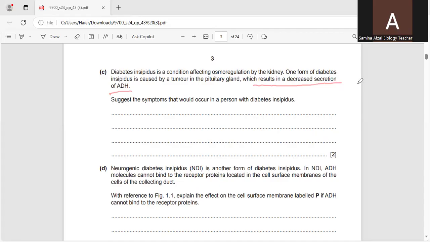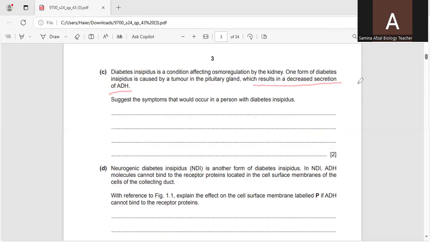So, due to this disorder, excessive thirst can happen. That is also called polydipsia. Sometimes people with this condition often feel consistently thirsty, because most of the urine has been produced by the body and water is lost. And then frequent urination is also called polyuria.